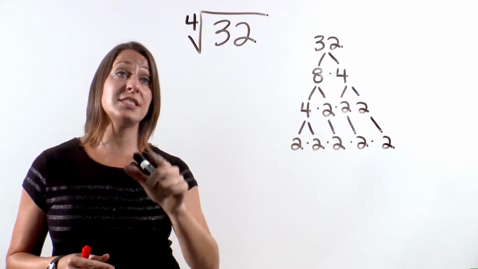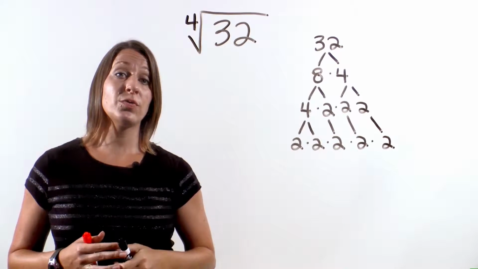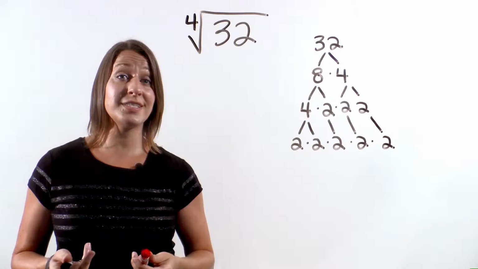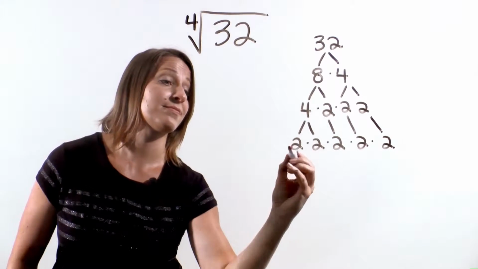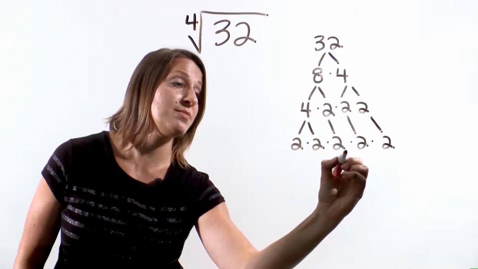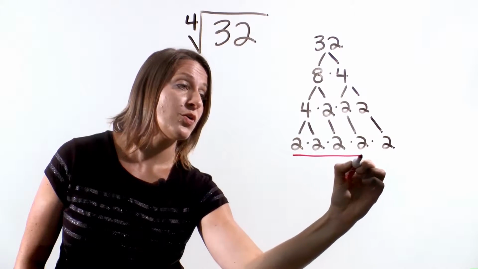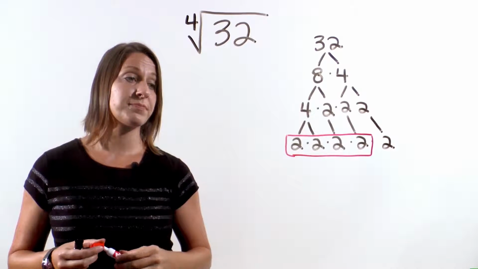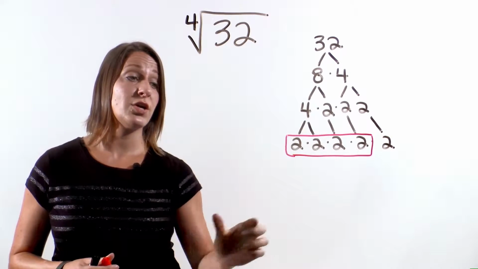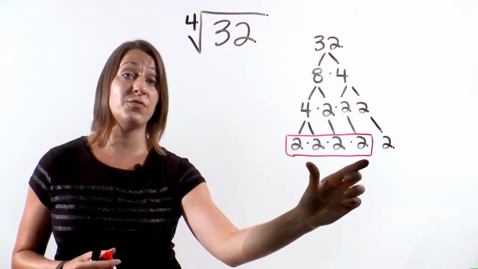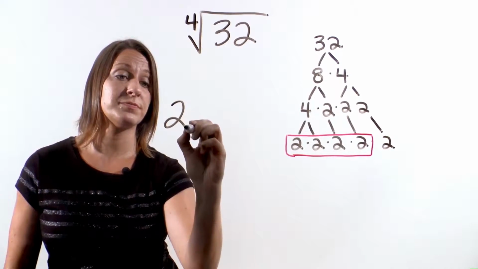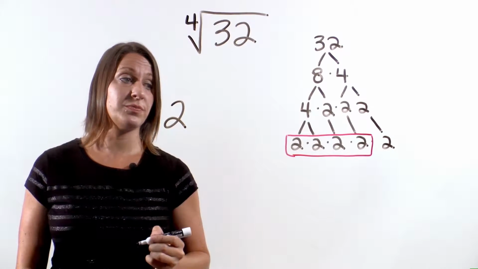Next, because it's a 4th root, we're looking for numbers that are in groups of 4. Or we could say quadruplets. 2 times 2 times 2 times 2. We have at least 4 2s. Now for our answer, we're going to represent this set of 4 2s on the outside of our radical with a 2.